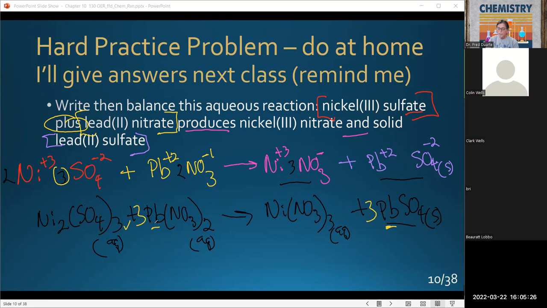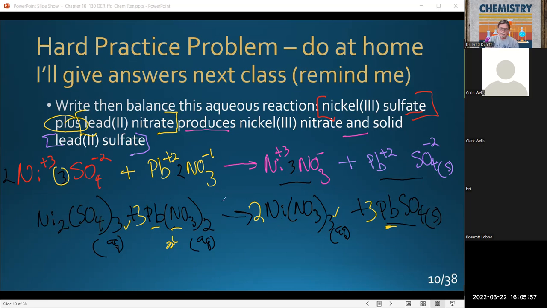But there are 2 nitrates in lead nitrate, and with that 3, that makes 6 nitrates. No problem. Go back to the product side and look at where the nitrates are. There are 3 of them here. Put a 2 in front of nickel nitrate. That kicks up the nitrates to 6 nitrates on both sides. My nickels now get kicked up to 2.